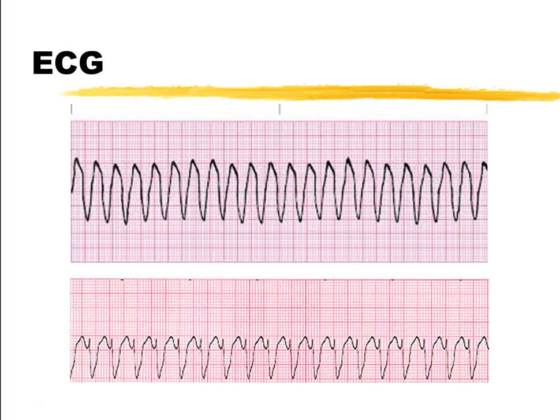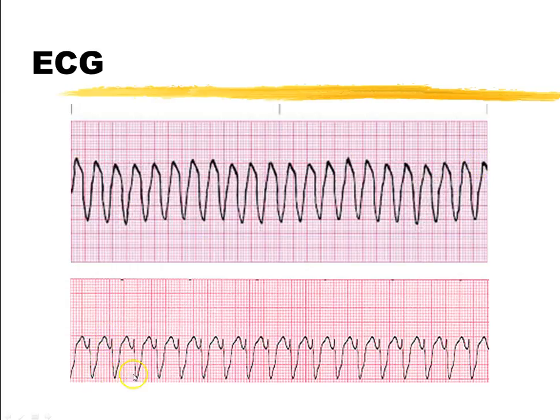So here's a couple different strips showing this. If you were trying to guess the rate, we go 1, 2, 3, 4, 5, 6, 7, 8, 9, 10, up to 23. 230 is their heart rate.